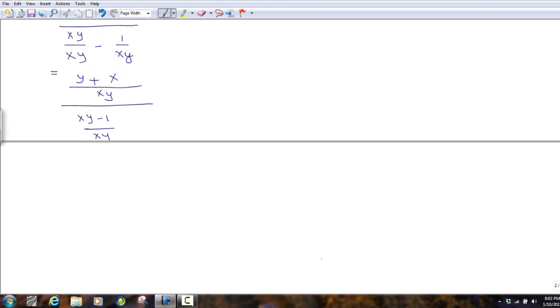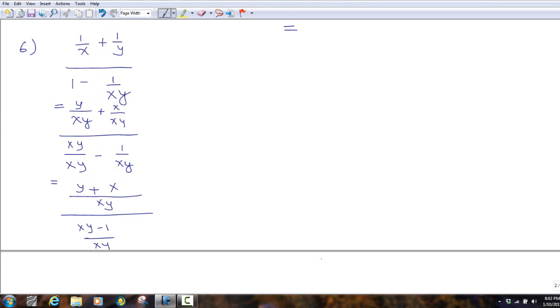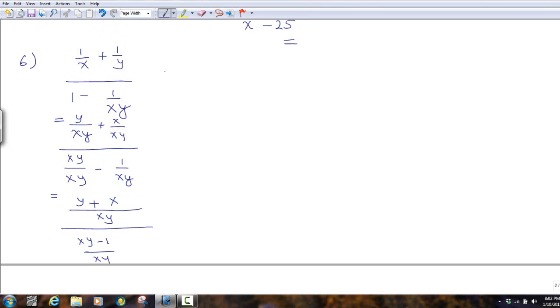Okay, so this is equal to y plus x over xy, whole over xy minus 1 over x times y. We need to change this division into multiplication, so y plus x is the same as x plus y divided by x times y.